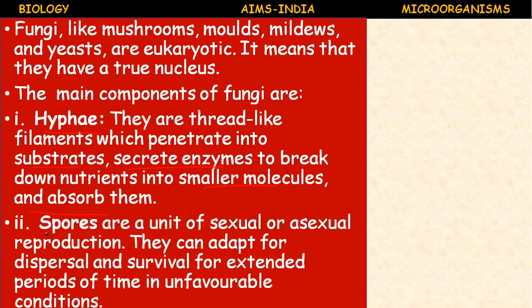Next, number two, the important structure, spores. Spores are the unit of sexual or asexual reproduction. They are adapted for dispersal, meaning moving from place to place, and for survival for extended periods of time in unfavorable conditions.